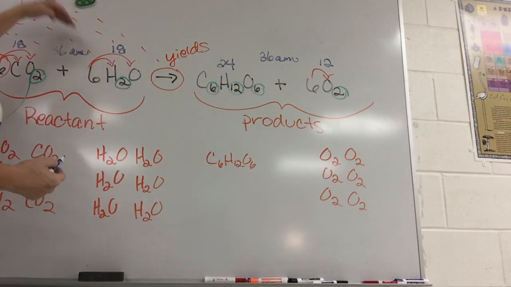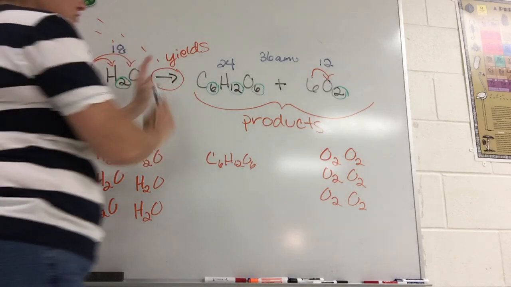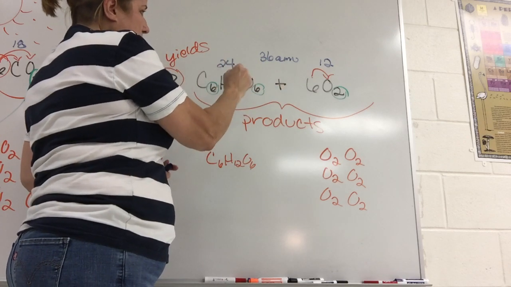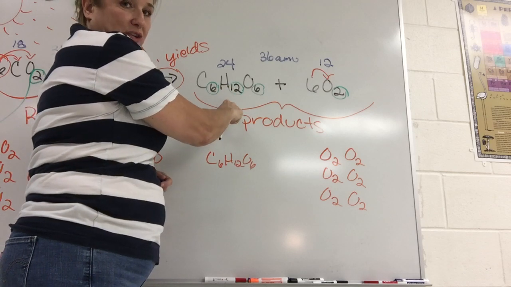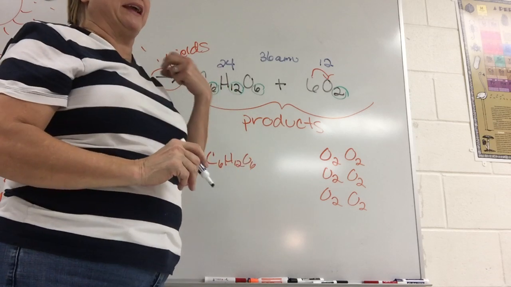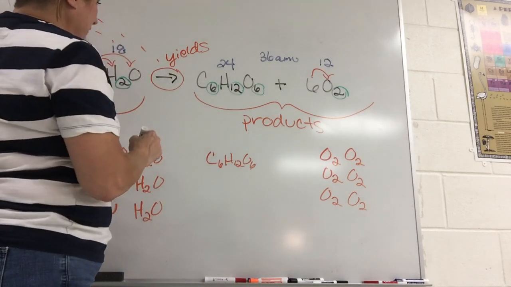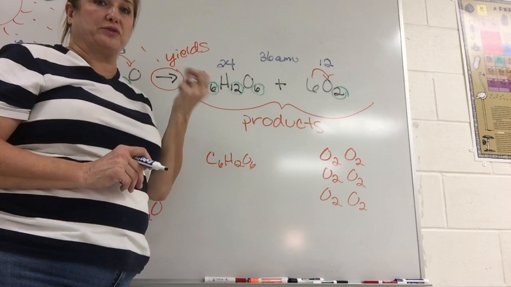So we've gone from radiant energy here to breaking apart these bonds to reforming these atoms, and now this glucose molecule with 24 atoms in it, that's where the stored energy is. That's where the chemical energy is that provides the energy for the mitochondria. So radiant energy from the sun to chemical energy stored in a single glucose molecule.